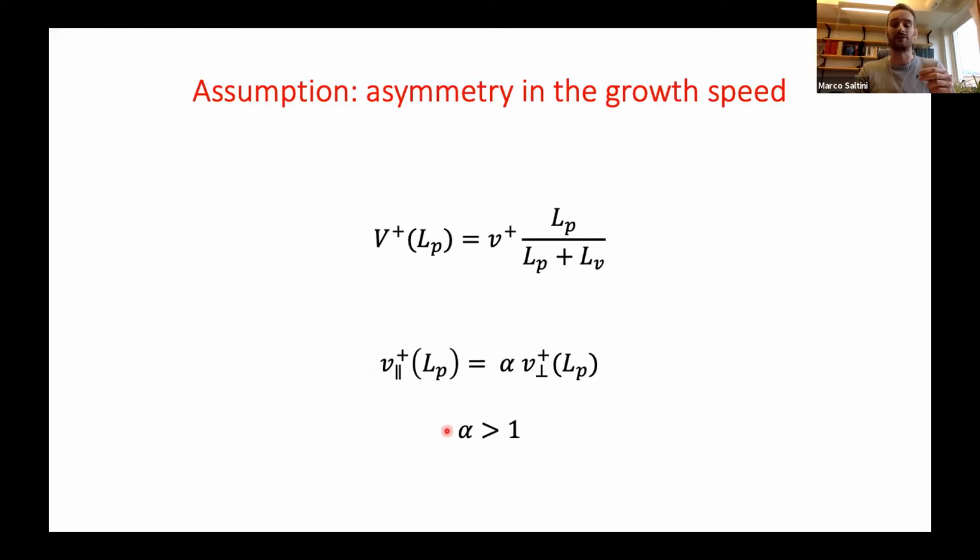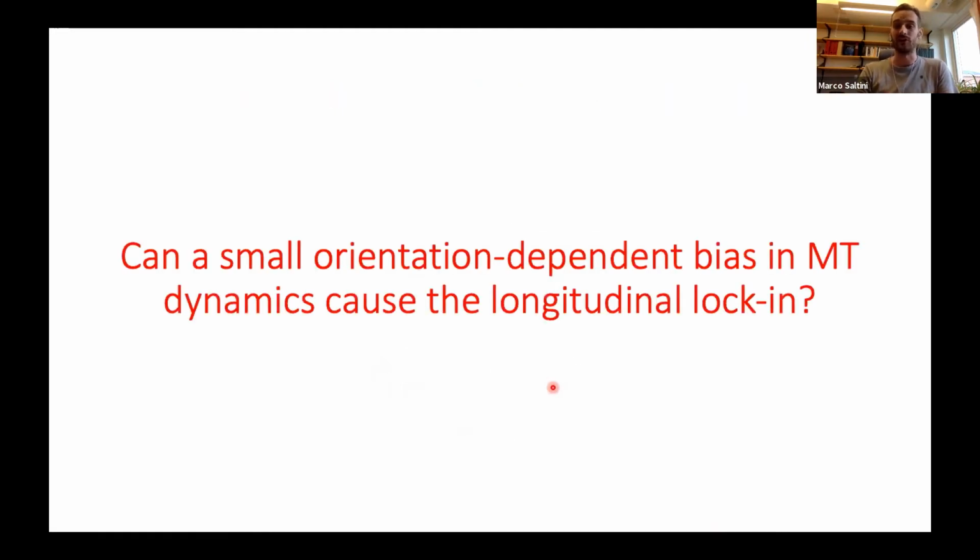It doesn't need to be much faster, just slightly faster. And we want to see if an asymmetry in this dynamic parameter is enough to create this longitudinal lock-in, which is now our hypothesis. Can a small orientation-dependent bias in the dynamics cause the longitudinal lock-in?